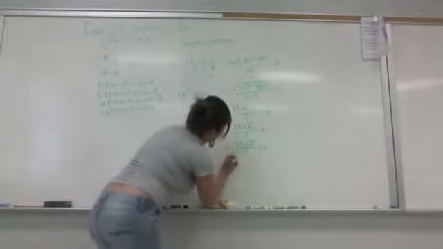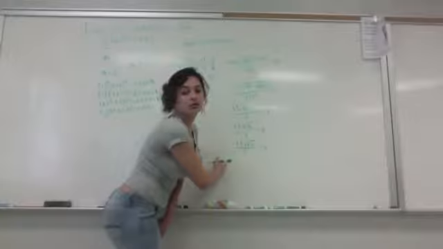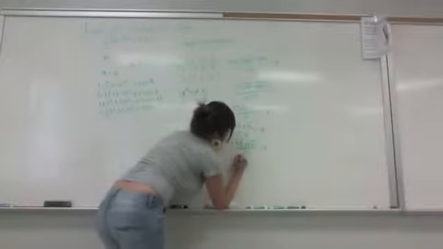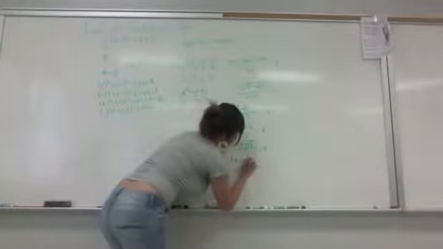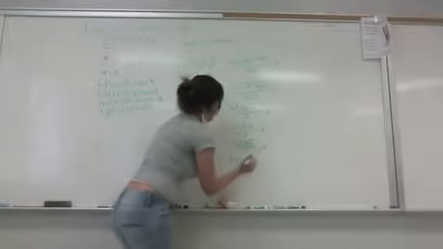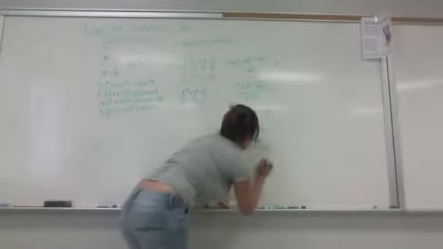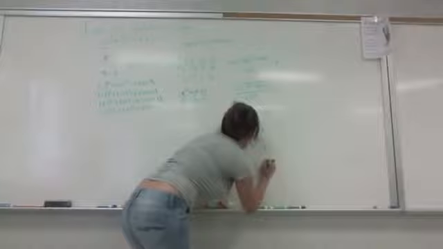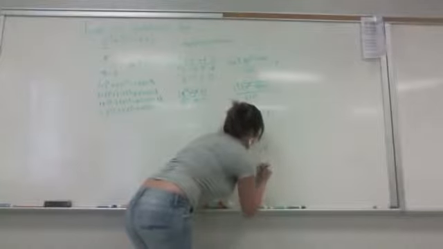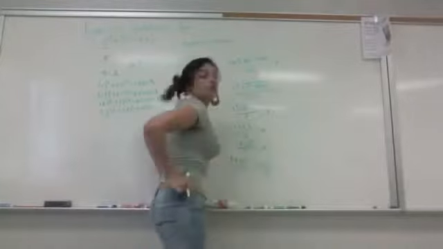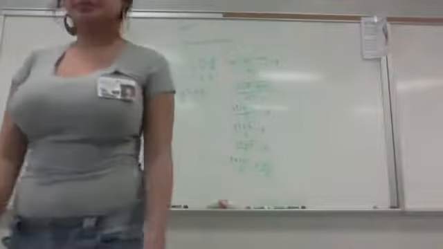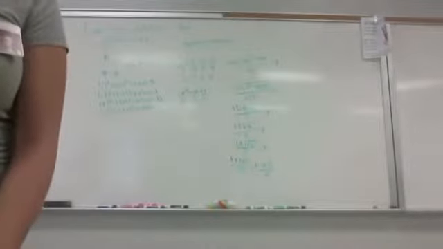So it's going to be 1 plus i square root of 3 divided by 2, and our other complex number is going to be 1 minus i square root of 3 divided by 2. And those are our complex numbers, and those are definitely zeros.